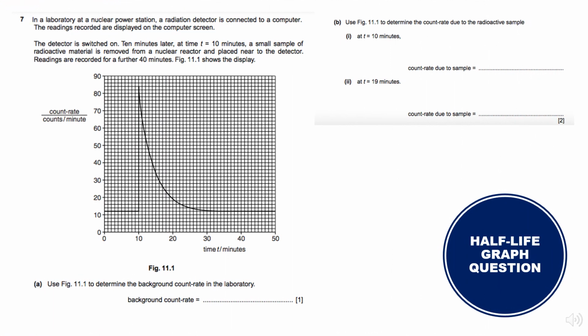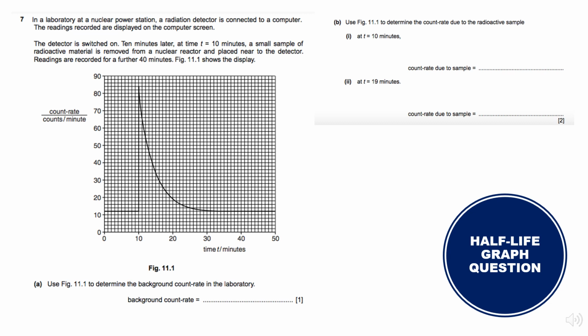Now this is another half-life question which involves graphs. In a laboratory at a nuclear power station, a radiation detector is connected to a computer. The readings recorded are displayed on the computer screen.